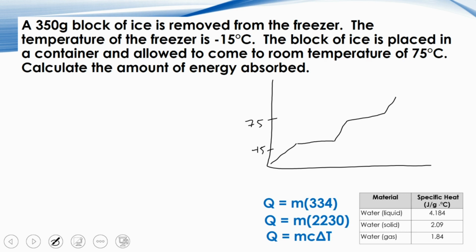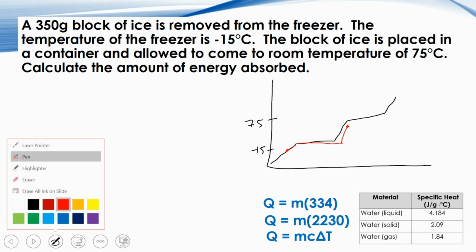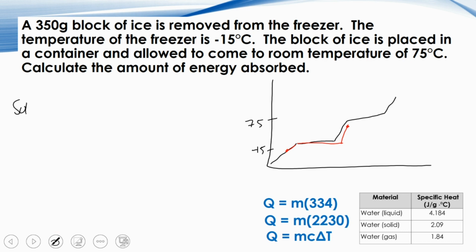We get the point here, that we're moving from negative 15 to 75. So basically what I'm saying here is that we started as a solid, went through melting, increased all the way to 75, and then we stopped. So we never reached the boiling point. So in this scenario, we are only looking at three sections of the graph. We're looking at the solid, we're looking at the melting, and we're also looking at the liquid.